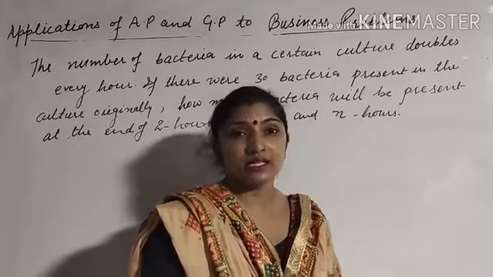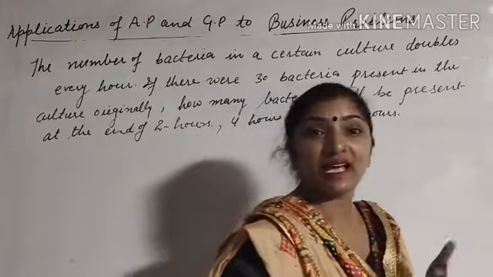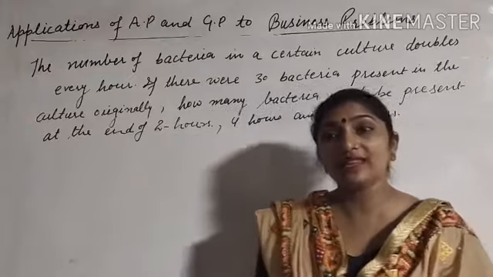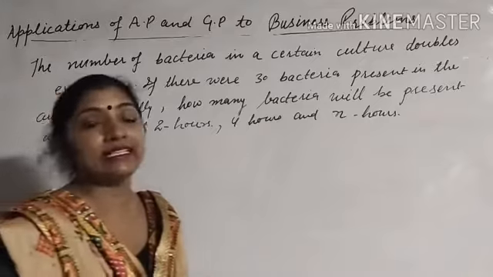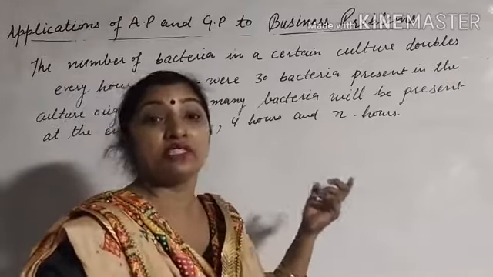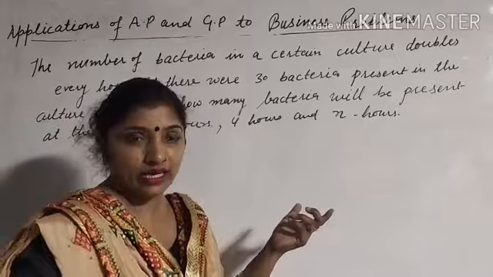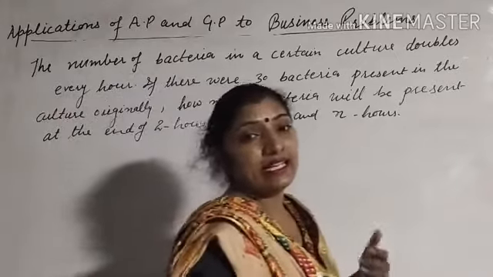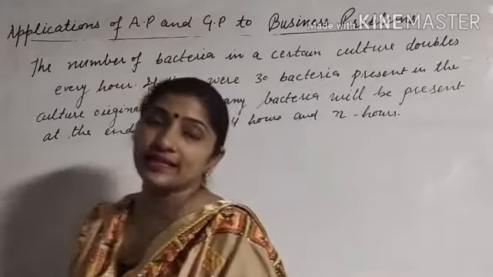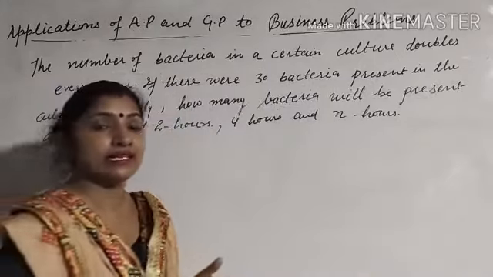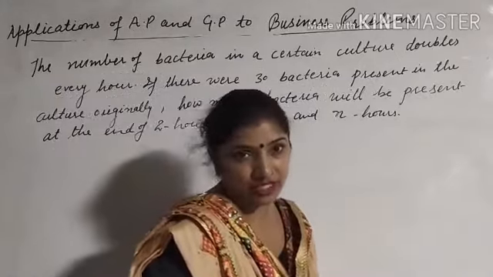Doubles means you have multiples of bacteria every hour. So when multiples of things are given, clearly the problem is of geometric progression. If the increase or decrease in a certain quantity is constant, then that problem is related to arithmetic progression.